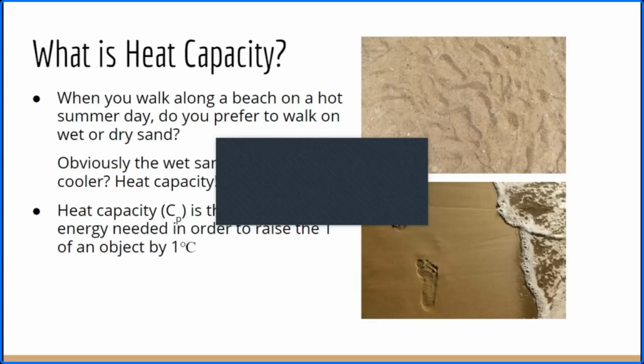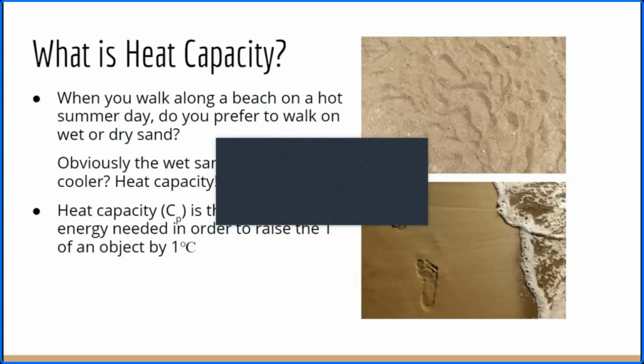And it's because of the heat capacity of the sand, or more specifically the water that's in the sand. For dry sand, obviously there's no water in that, so even though each is exposed to the same amount of heat, the sand with the water in it doesn't raise in temperature as quickly. And that has to do with the heat capacity of water.